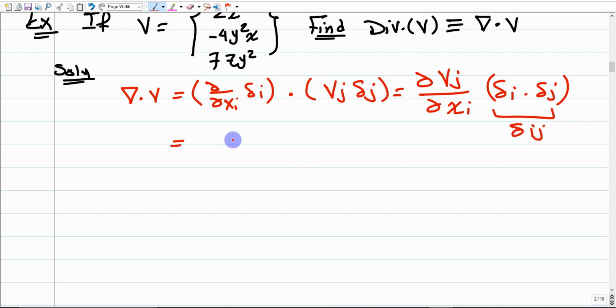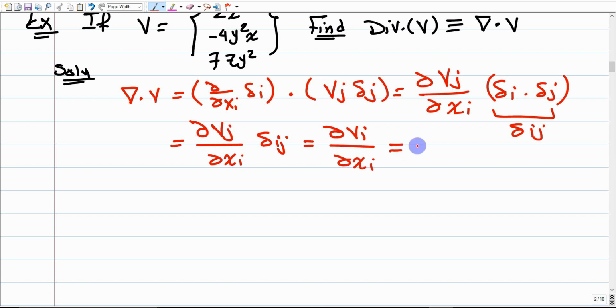It means we're going to end up with the partial of v_j with respect to x_i times delta_ij. To get rid of delta_ij, just use one index for both i and j. So it is fine to say the partial of v_i with respect to x_i. I can write this in a more compact form as v_i,i, as we agreed.